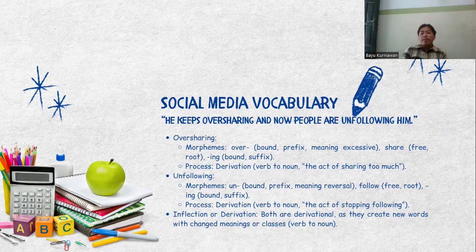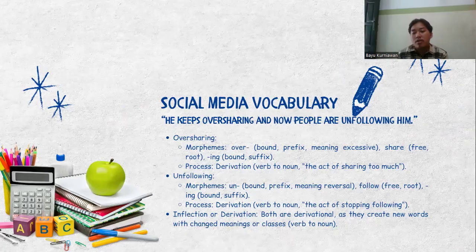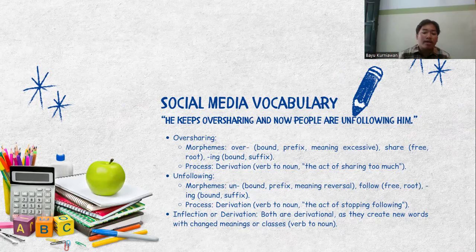Unfollowing: morphemes: un, a bound prefix meaning reversal; follow, the free root; ing, a bound suffix. Process: derivation, verb to noun, the act of stopping following. Inflection or derivation? Both are derivational as they create new words with changed meaning or class.